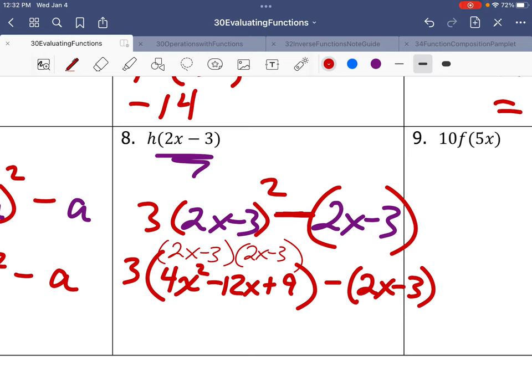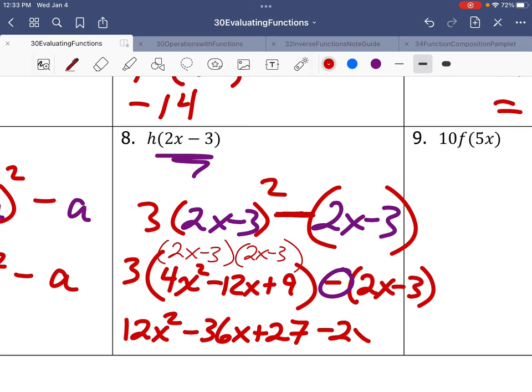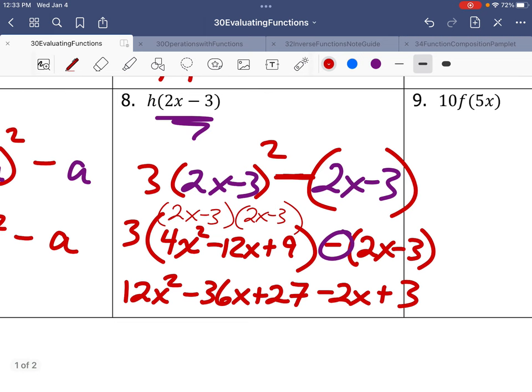Now, the number 3 that's in front is going to distribute, and everything gets multiplied by 3. Very carefully, I'll get these new values. My subtraction sign, I might as well distribute that so that I actually get a negative 2x, but a plus 3.